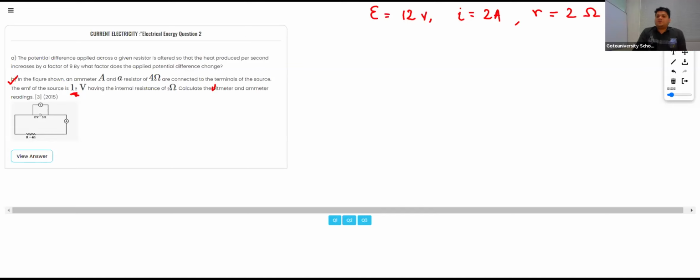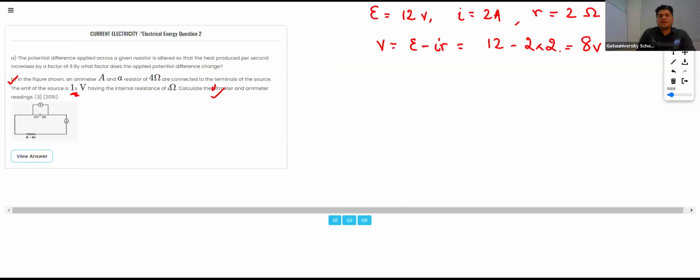We are supposed to find the voltmeter and ammeter reading. Voltmeter reading means V, and we know the formula for V: V is E minus Ir. E is 12 minus, I is 2, r is 2, 2 twos are 4... 12 minus 4 is 8 volt. So we have found the value of the voltmeter.